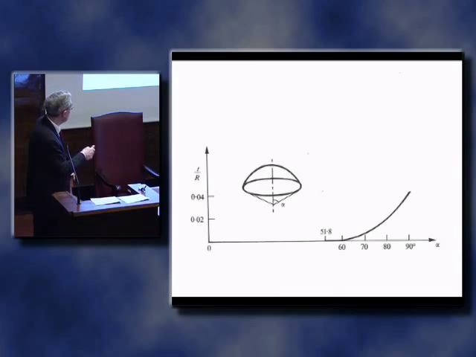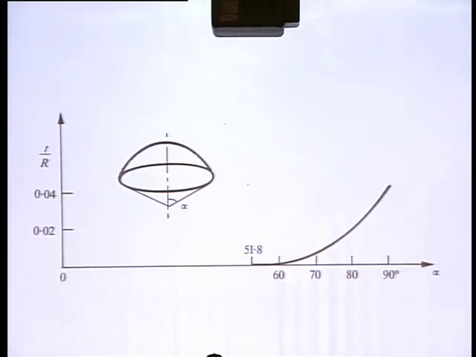So if we considered a domical cap, not a complete dome, but defined by an angle alpha there, as long as alpha is less than about 50 degrees, 51.8 degrees, we can get compressive stresses everywhere within the masonry. But beyond 51.8, we must provide some finite thickness for the shell in order to accommodate the forces within, so that they all stay compressive.